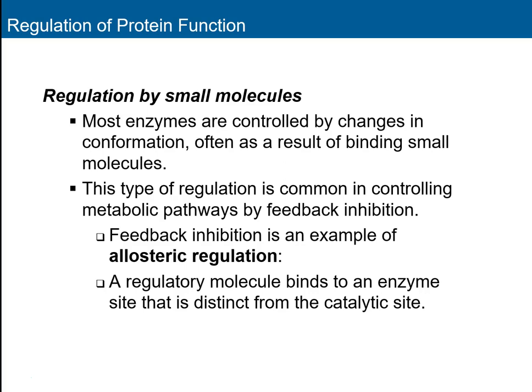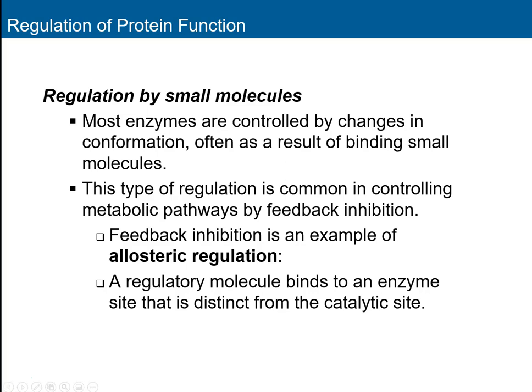Okay, so what we mean by small molecules, we've talked about this before, right? Like feedback inhibition and allosteric regulation. If you think about enzymes, they're often controlled by a small molecule binding to an allosteric site, a site other than the active site, and that regulates its activity.